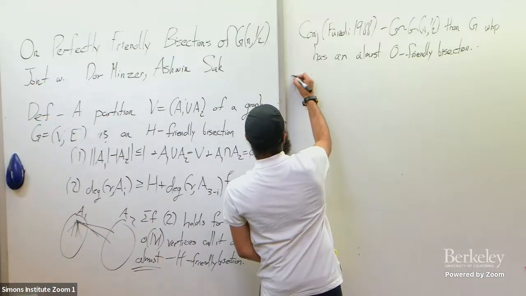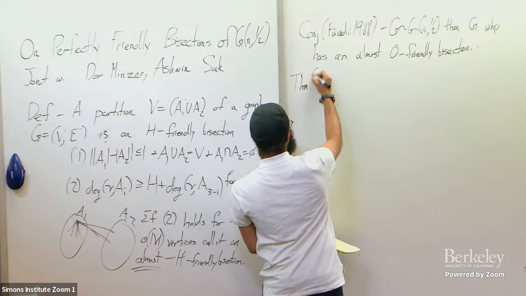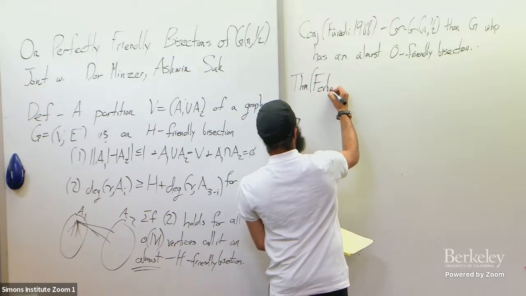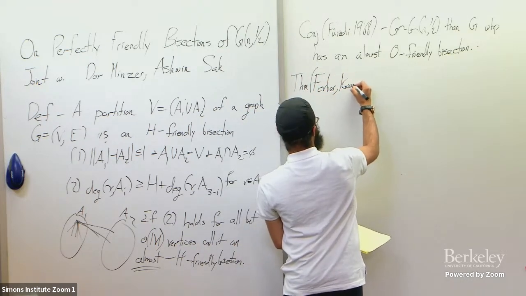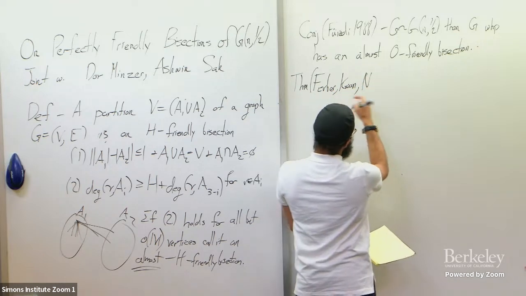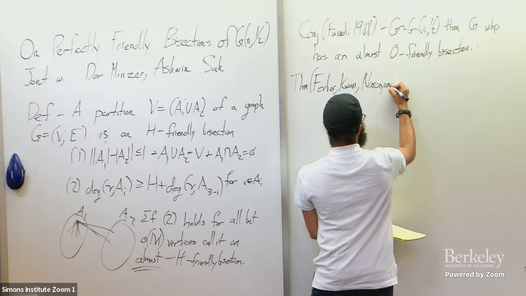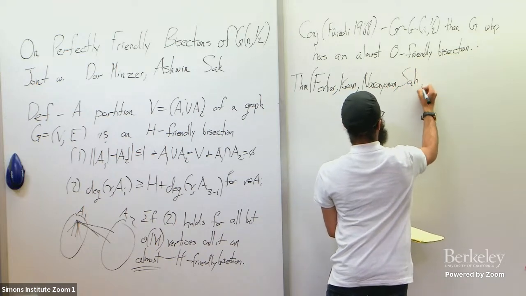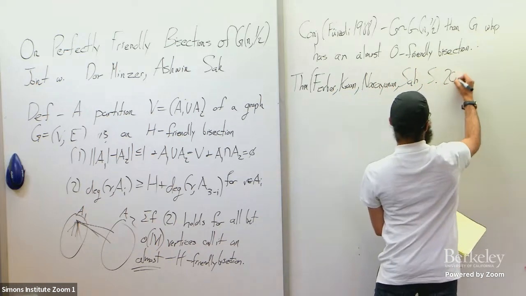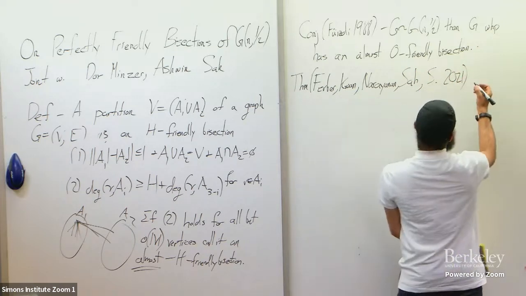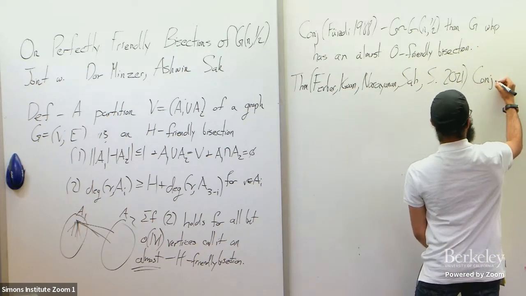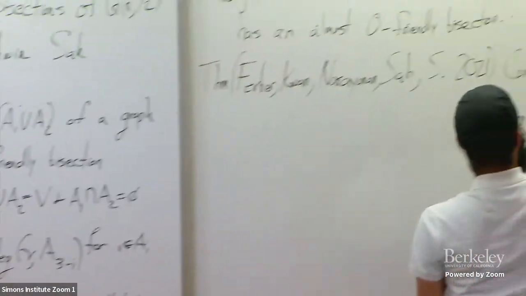And so I guess last year in joint work, this was resolved. This is Asaf Ferber, Matthew Kwan, Bhargav Narayanan, and Ashwin, so myself, 2 years ago. So first, the conjecture is true.